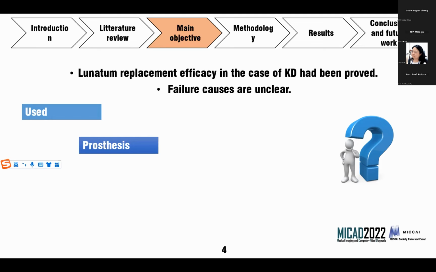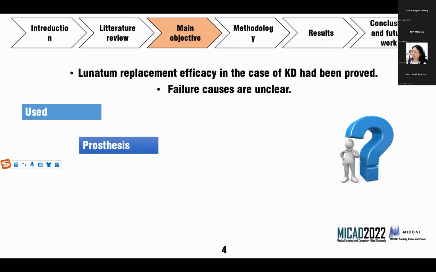However, the prosthesis shape or modelization process was poorly described, and with the tendency of the use of multiple size kits that contain 3 to 5 lunatum prostheses with different sizes, the final shaping is carried out by the surgeon.